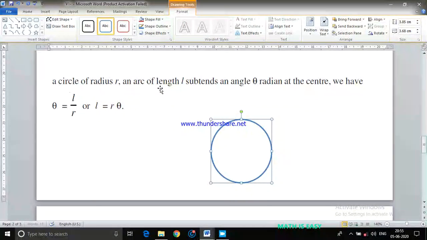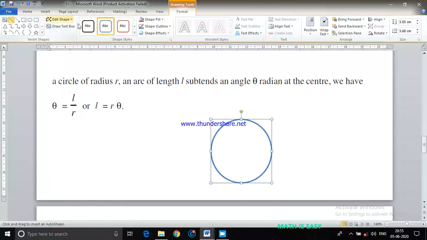Yeah, this is a circle whose radius is r. An arc of length L. Arc of length means, maybe if I take this entire line from here, this is the arc of length L which makes an angle theta radians at the center.